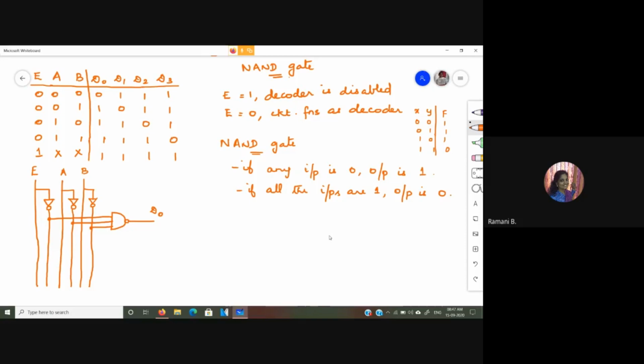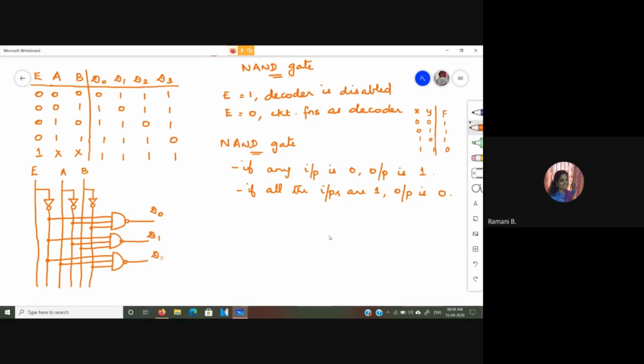And if E is equal to 0, A is equal to 0, and B is equal to 1, this corresponds to D1. Next, E is equal to 0, A is equal to 1, and B is equal to 0. That corresponds to D2.